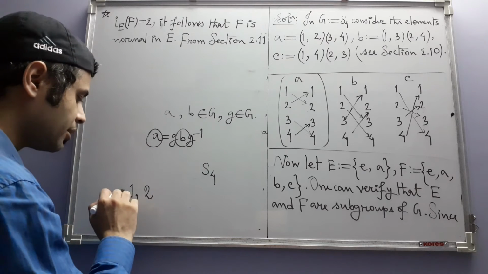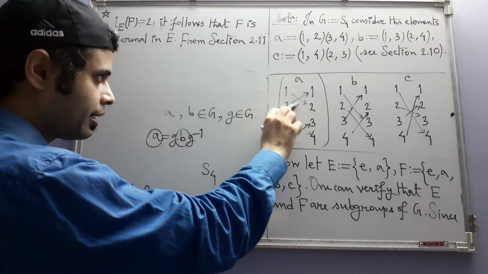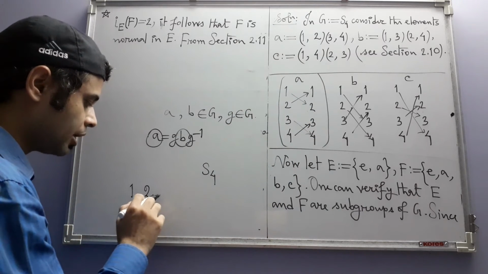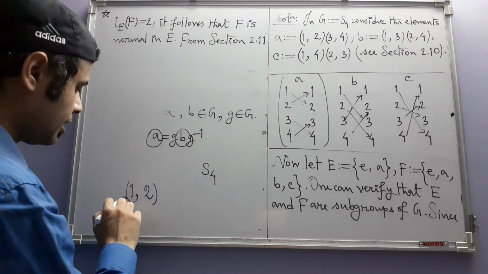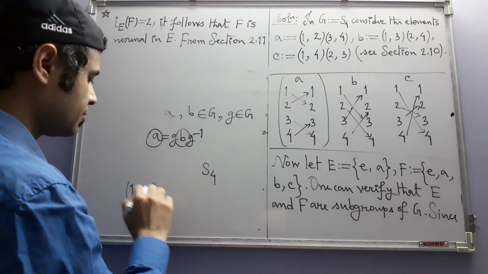At some point you will cycle back to the original element. That happens after 2 itself, because the image of 2 is 1. So we close it here, and we call this a cycle of this permutation.